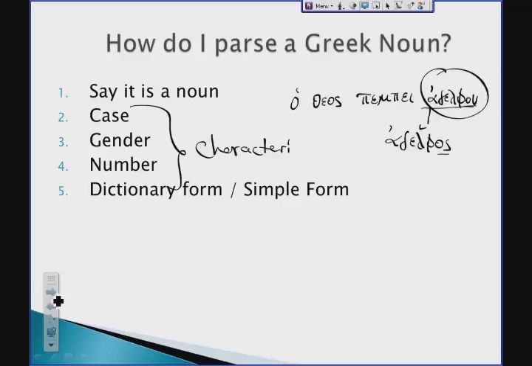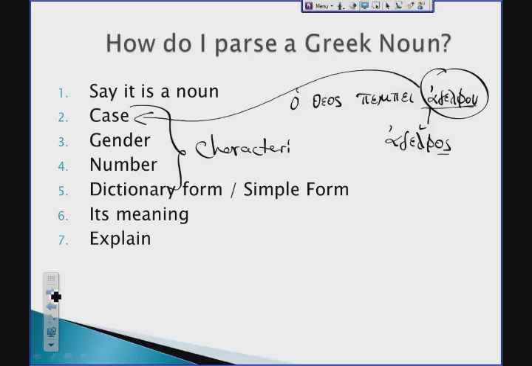So that's what we have there. Okay? You must tell me the dictionary form and then its meaning. What does it mean? It means a brother. Its meaning, a brother, and then you must also explain. How do you explain it? You explain it according to the case.